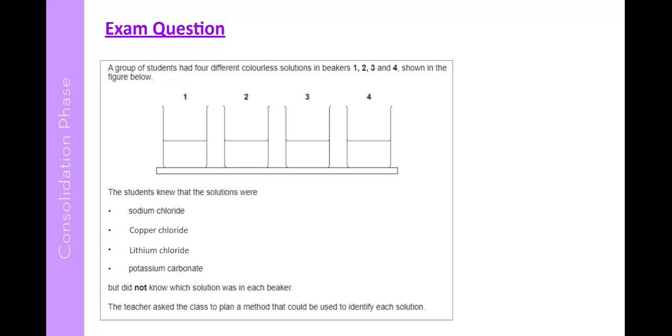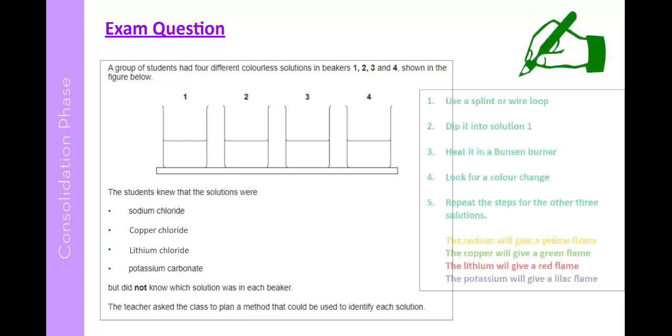Okay, so let's look at the marks. One should use a splint, so dip a splint into the solution. They would allow a mark if you said use a wire loop. Heat, once you've dipped it into the solution, heat it in a Bunsen burner, look for a colour change, so each one of these points would get you a mark.